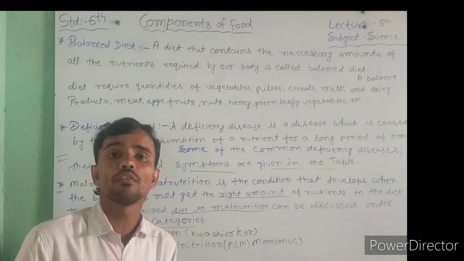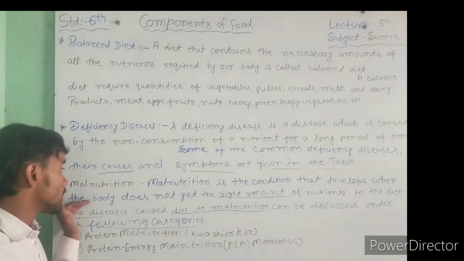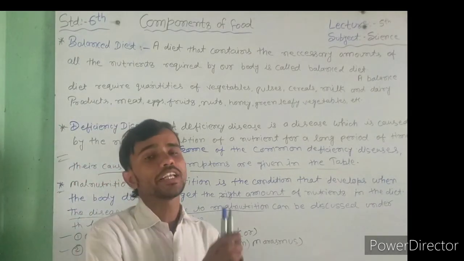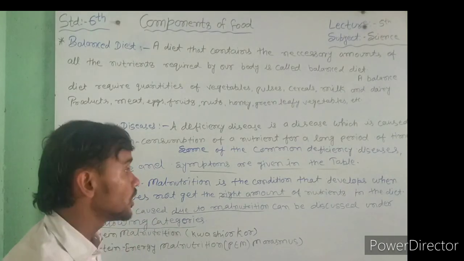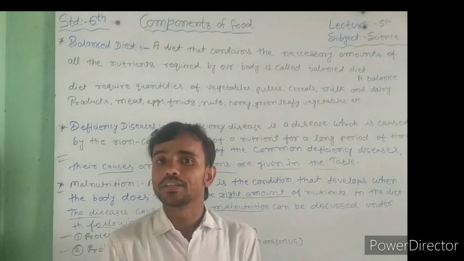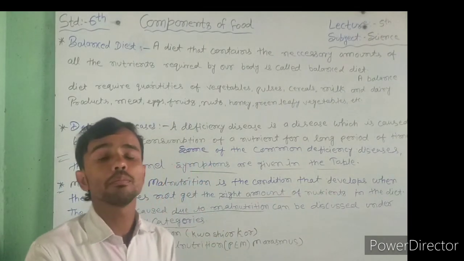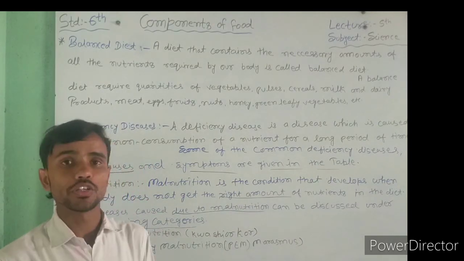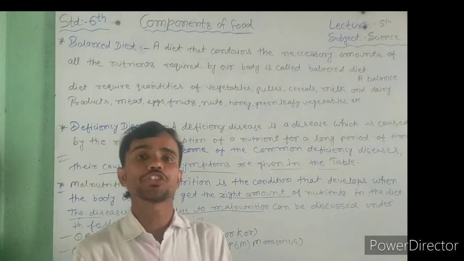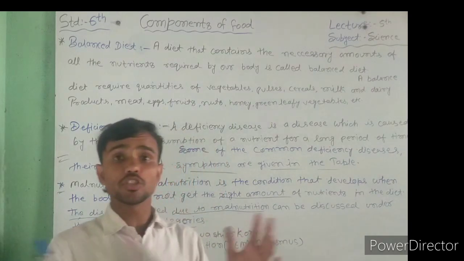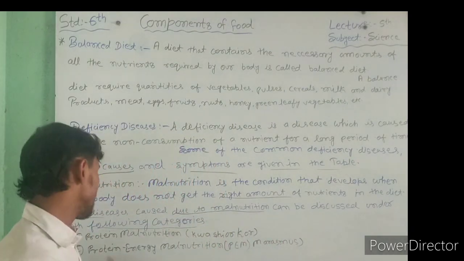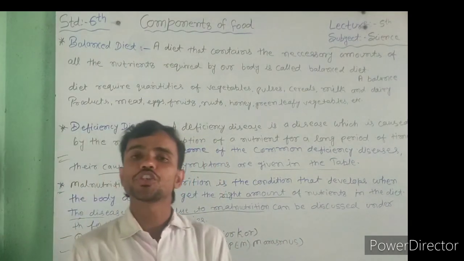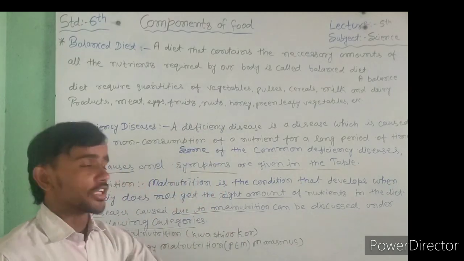Malnutrition is the condition that develops when the body does not get the right amount of nutrients in the diet, and it has two types: first, protein malnutrition, kwashiorkor, and second, protein energy malnutrition, marasmus.